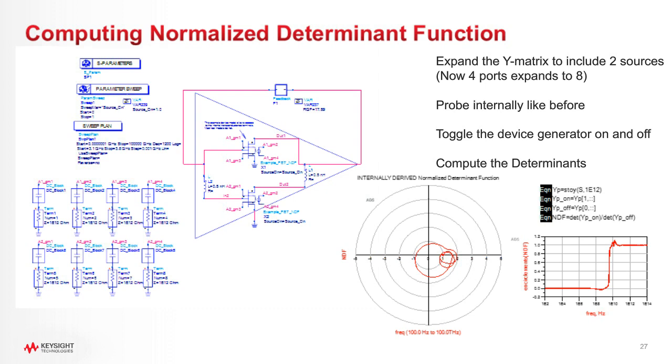Before I had a 4x4 matrix, but now I have 8 terminals because there are 2 transistors, but I did the exact same procedure. I just swept them, turned them on, turned them off, computed the network determinant, and that's the normalized determinant function. And I'm observing the encirclements of the origin for the normalized determinant function. So if you're using ADS, you can get the normalized determinant function in like 4 equations or less.